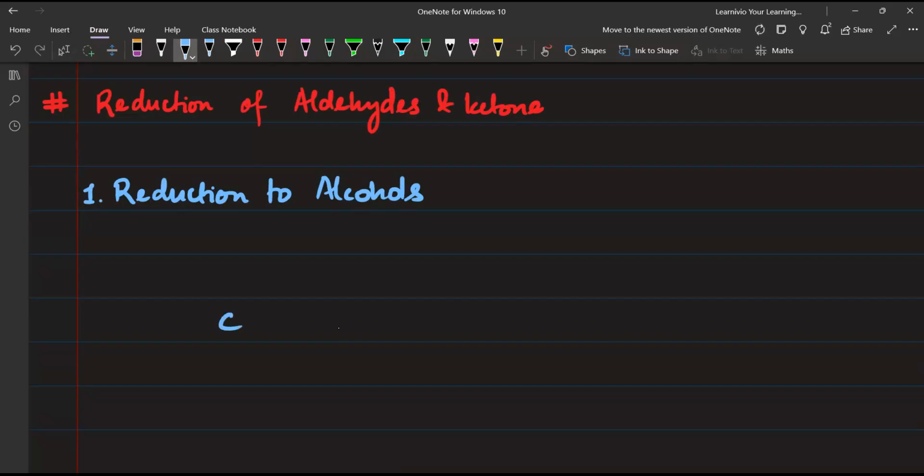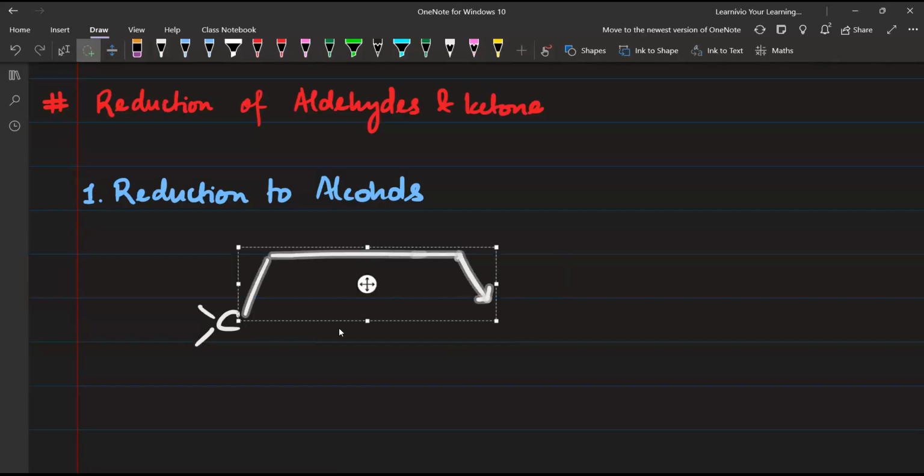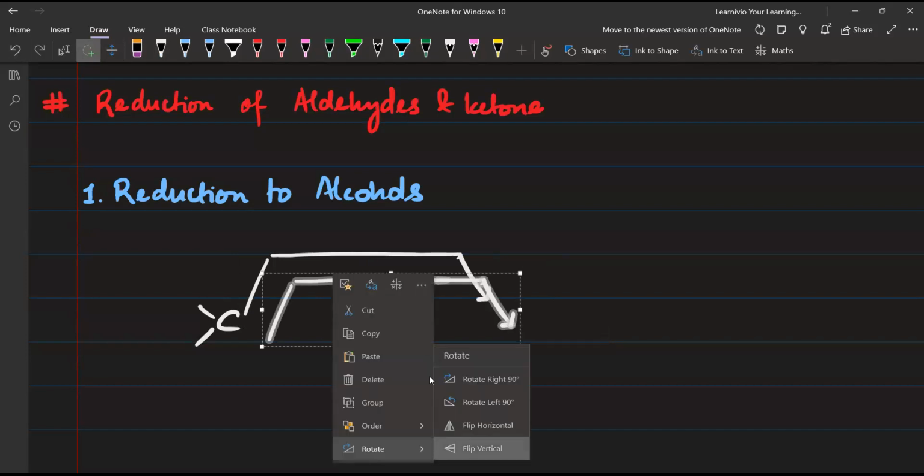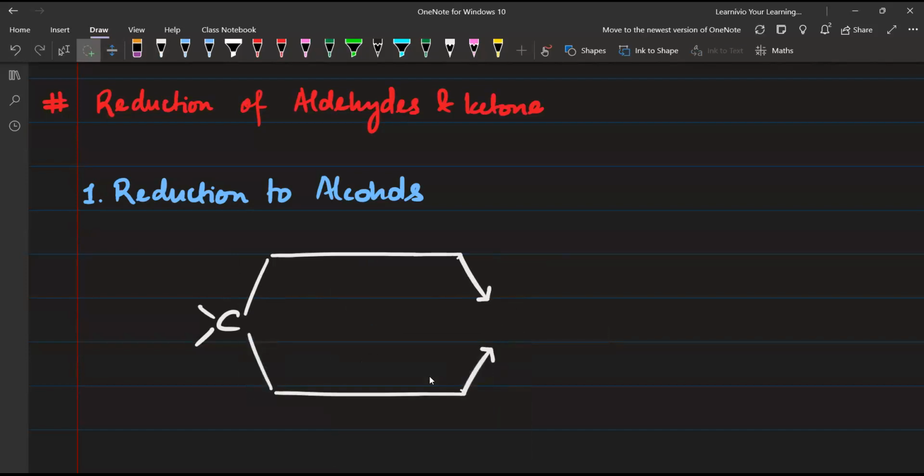Basically, if we have carbonyl carbon, and if we have reagents such as lithium aluminium hydride.